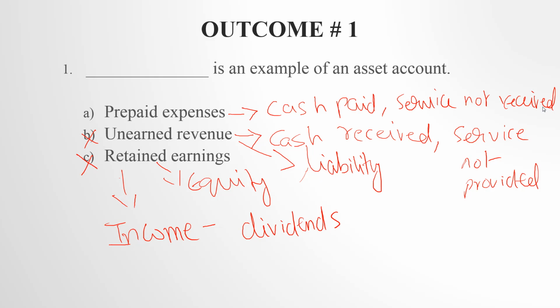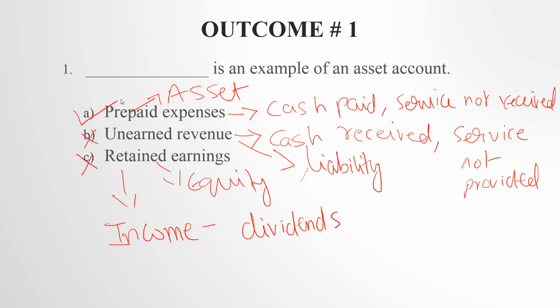This will be a prepaid expense for you because you haven't lived in that apartment yet, but you have paid for the next month's rent already. That apartment will provide you a benefit. You'll be able to use the facilities for the next 1 month. It will provide you a benefit, and therefore prepaid expense is an asset. So A is the correct answer to this question.